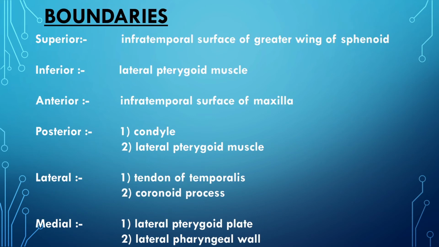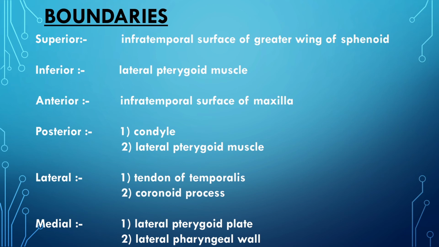Now we can discuss the boundaries of the infratemporal space. The boundaries include superior, inferior, anterior, posterior, lateral, and medial. Superiorly, the infratemporal space is bounded by the infratemporal surface of the greater wing of the sphenoid. Inferiorly, it is bounded by the lateral pterygoid muscle.